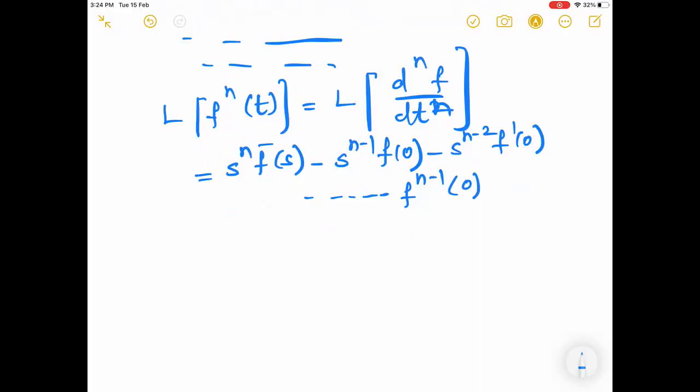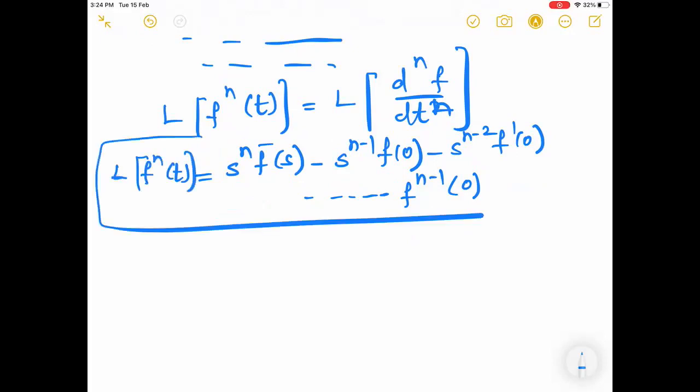Then you can reduce the powers of s, attach f of 0, f dash 0, and so on. So up till when? Up till f raised to n minus 1, 0. You have to consider. Okay, so that will be the expansion for the Laplace transform of the nth derivative of f(t). This you have to remember as a standard formula.